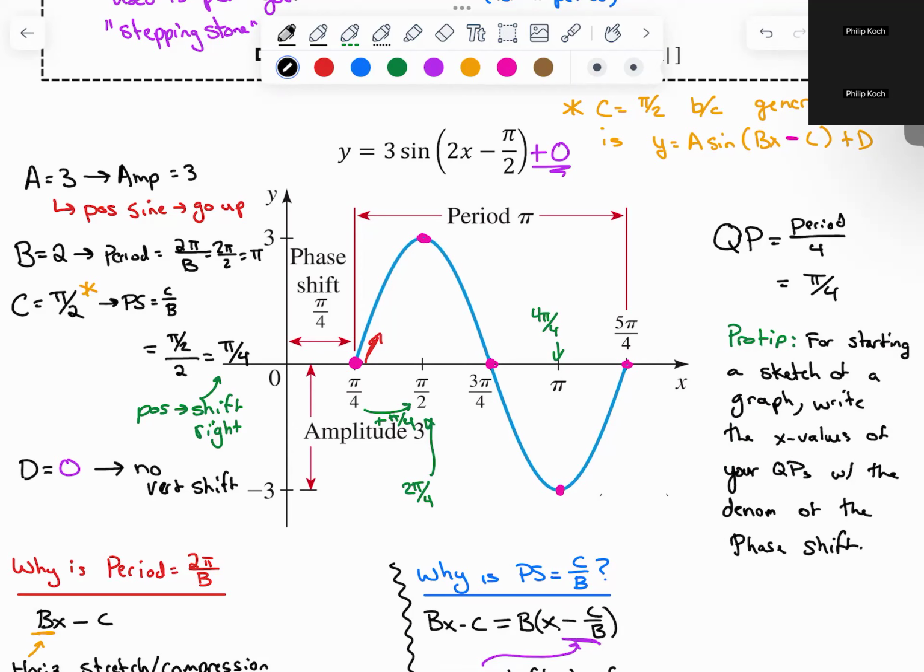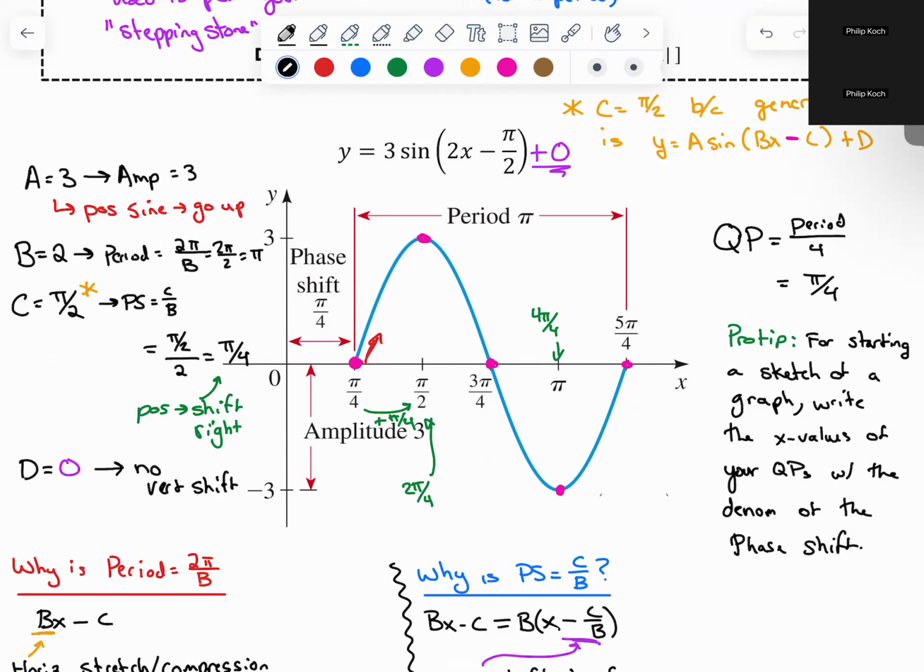This is not going to make much sense right now. It just so happened that our phase shift had the same denominator as our quarter period. That was a nice nifty thing that happened. That doesn't always happen. So to figure out what the next number will be when you're starting out, it really helps to write it in the same denominator.